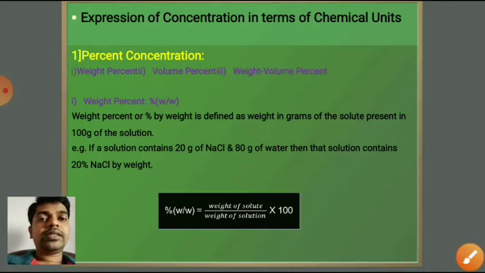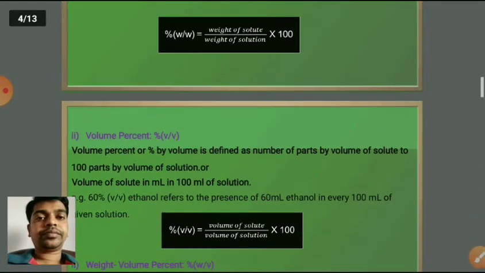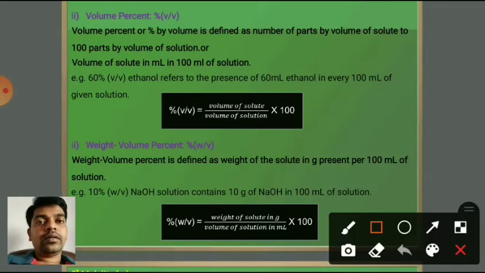Now let's see the next, the volume percent. The second one is volume percent, also given as percent V by V, or volume by volume. Its definition: the volume percent, or percent by volume, is defined as the number of parts by volume of solute in 100 parts by volume of solution.